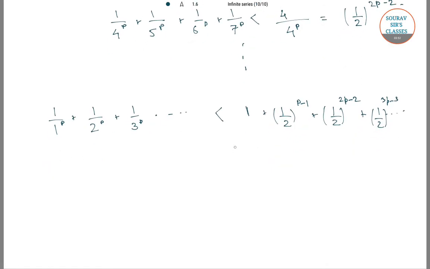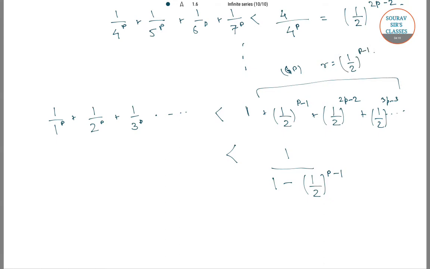So this would be less than 1 divided by 1 minus 1 by 2 raised to the power p minus 1, as it is a geometric progression with r equal to 1 by 2 raised to the power p minus 1.